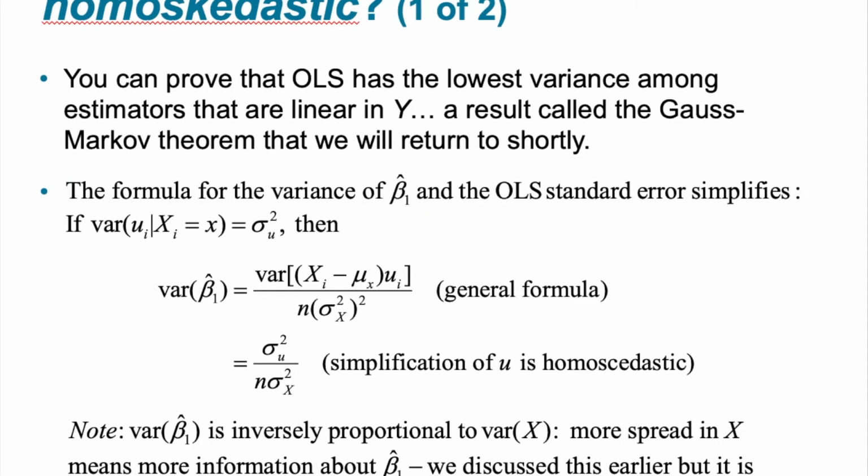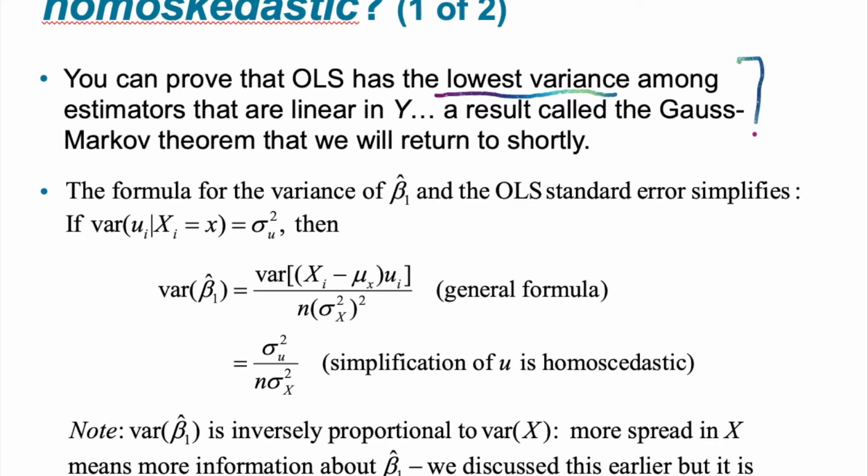Now you can prove that if in fact our errors are homoskedastic, ordinary least squares has the lowest variance among estimators that are linear in y. And this is a result called the Gauss-Markov theorem. We're going to come back to this in the next video.